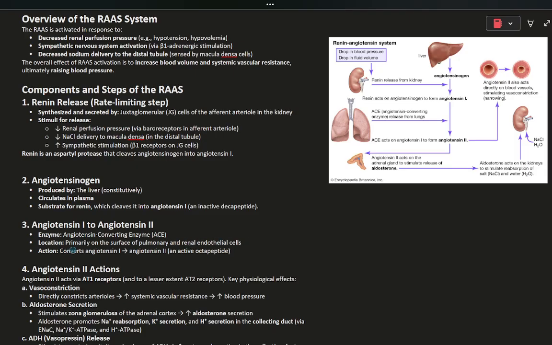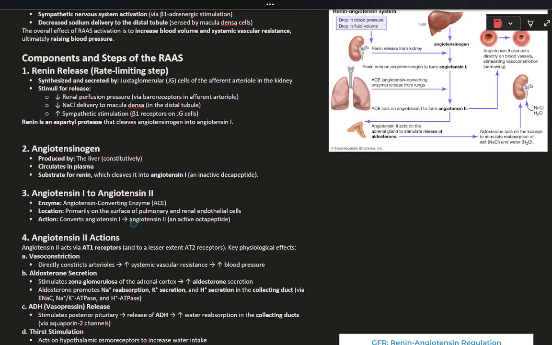And the main action is to convert angiotensin 1 into angiotensin 2. ACE happens to be released from the lungs. And the production of angiotensin 2 is ultimately production of an active octapeptide.